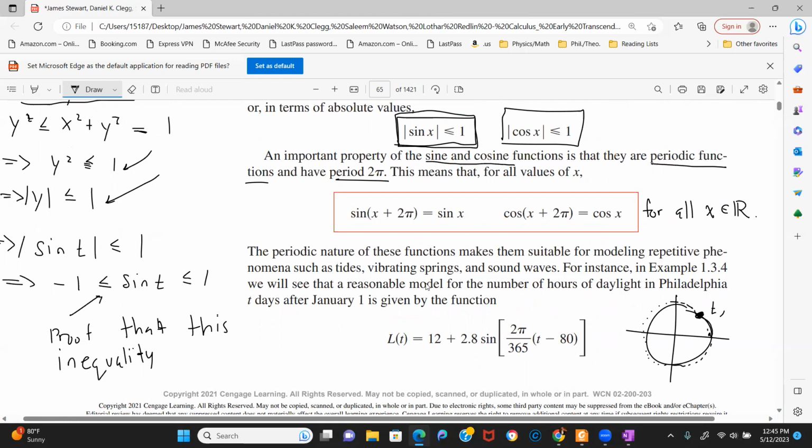You just did a 360. So this point right here corresponds to t, or sorry, I should say t and t plus 2 pi correspond to the same point.